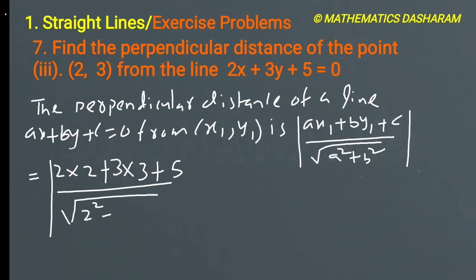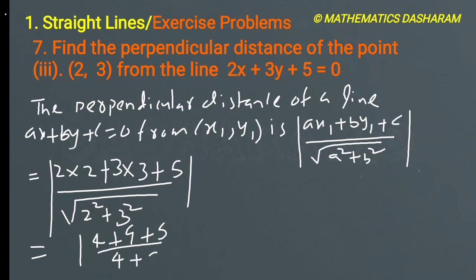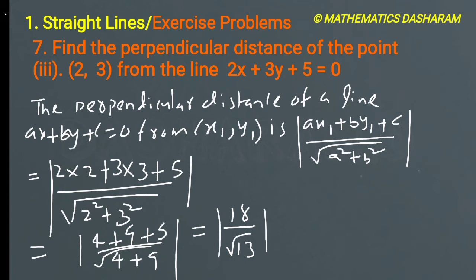A value 2 square, b value 3 square. So it is equal to 2 twos are 4, 3 threes are 9, plus 5, divided by 2 square 4, 3 square 9. So it is equal to 4 plus 9 is 13, 13 plus 5 is 18, divided by under root 4 plus 9, which is root 13. So the answer is 18 divided by root 13.